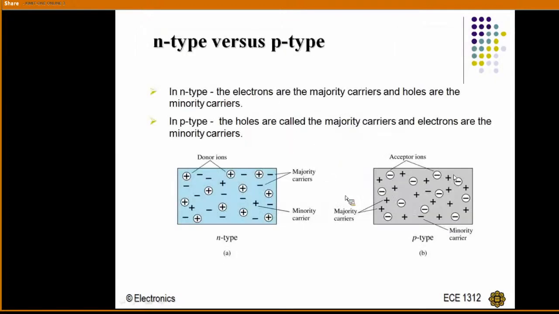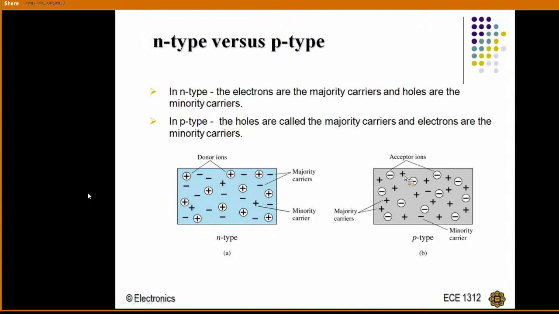In the previous two slides, I already discussed the terminology of N-type and P-type. What is an N-type? It has a donor. This is a donor ion, positively charged, surrounded by the excess electron. What is a P-type material? The acceptor ion is negative, surrounded by holes, which are the majority charge carriers.